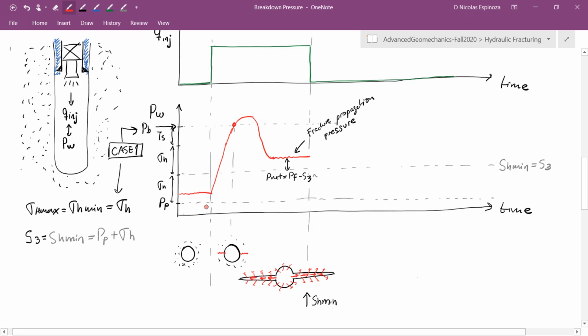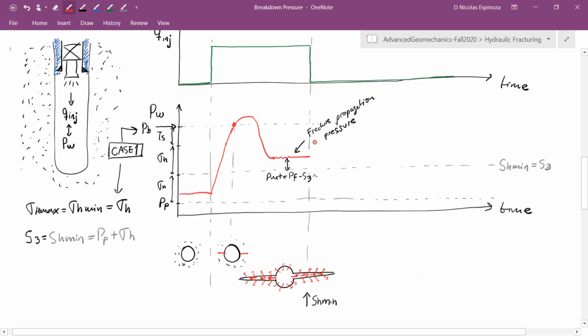When you initiate a fracture in a wellbore, first there is going to be a stage of pressurization. You go to the breakdown pressure over a peak, then this rolls over into more or less, it will depend, this is flat or increases or decreases with time. We're going to see that later on, but let's assume now it goes into a more or less constant value of propagation pressure.